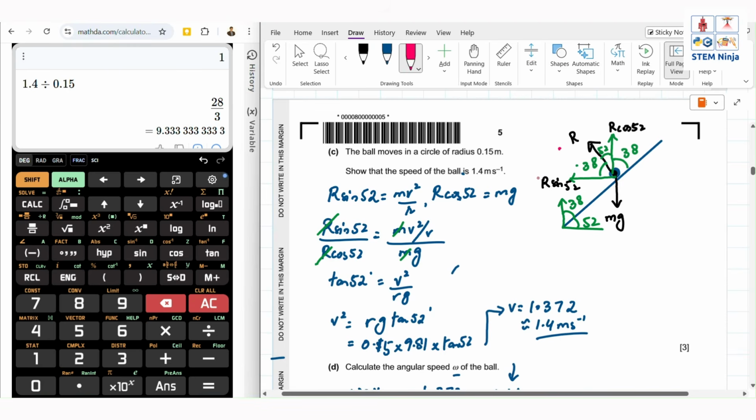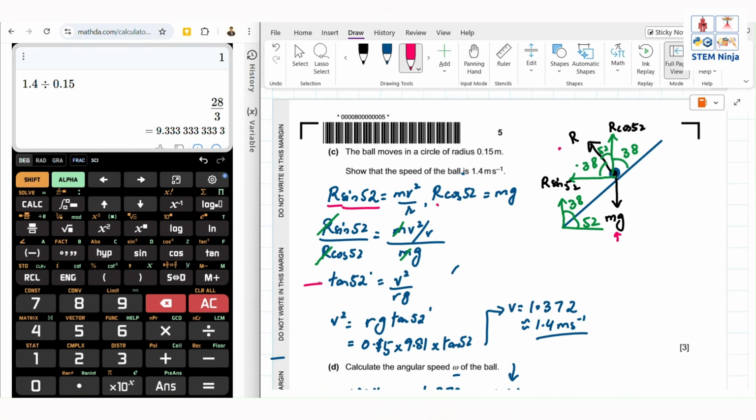We said that R cos 52 was equal to mg. So simple weight, right? And the other component of R was equal to the centripetal force.